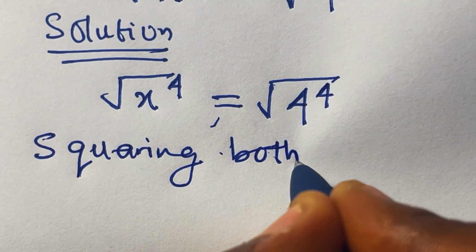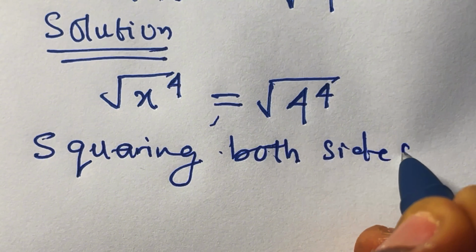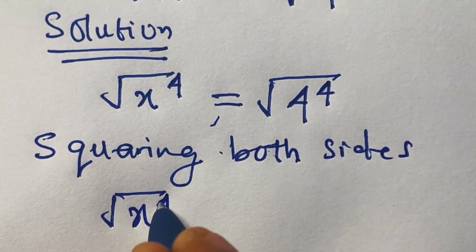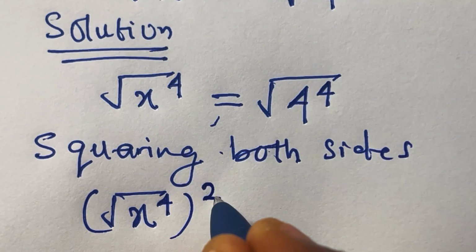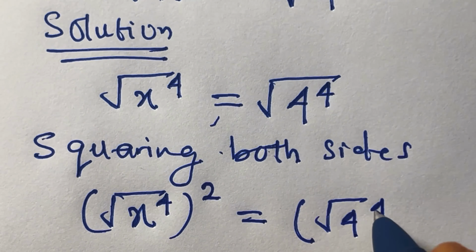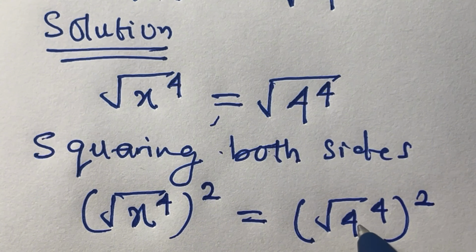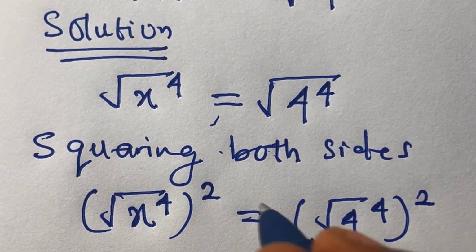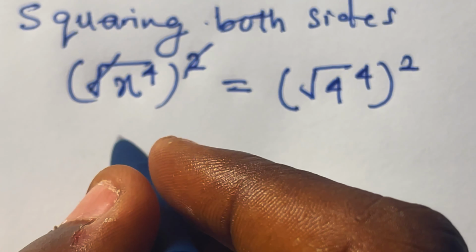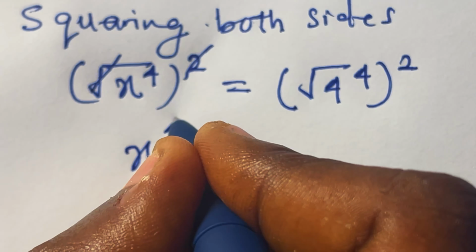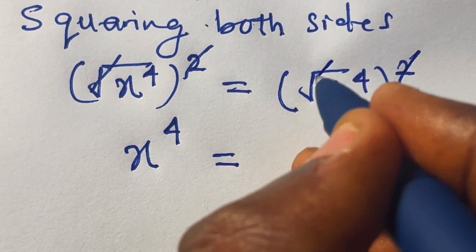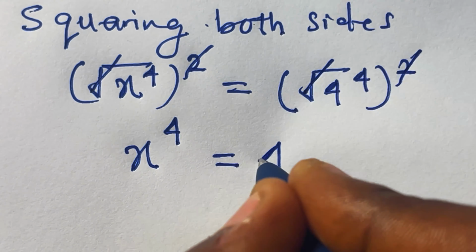Squaring both sides, you have square root of x raised to the power 4 raised to the power 2 equals square root of 4 raised to the power 4 raised to the power 2. This cancels out this. We have x raised to the power 4 equals, you cancel this, so we have 4 raised to the power 4.